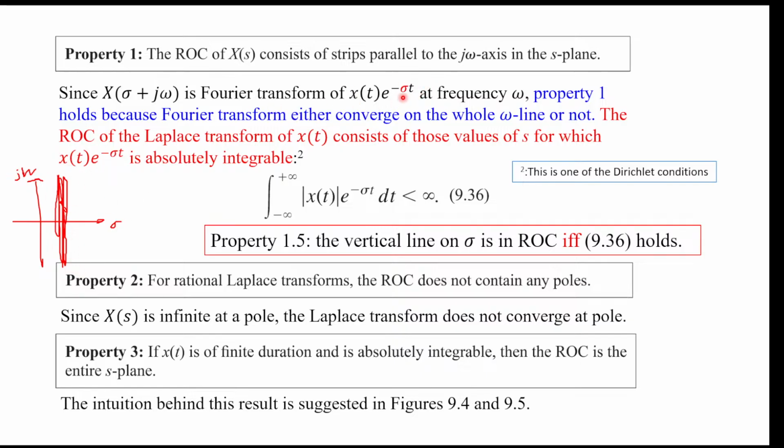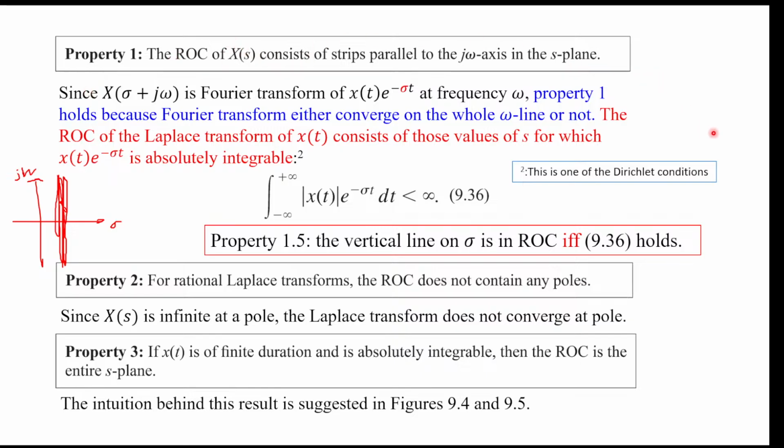So at some fixed sigma, this whole line of different omega corresponds to the Fourier transform of x of t e to the minus sigma t. And because the Fourier transform either converges or doesn't converge for every omega here, this line is either inside the ROC or not inside the ROC for your Laplace transform.